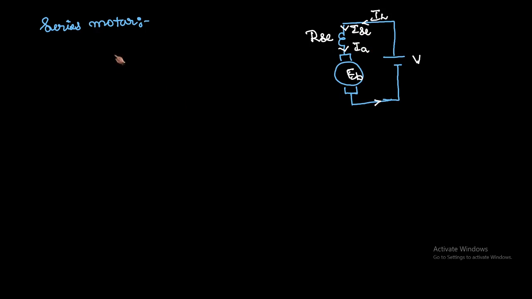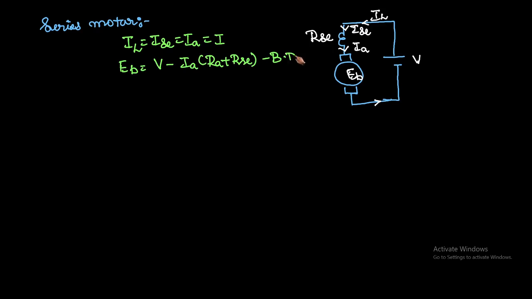In the series motor, the first observation is that the line current, the series field current and the armature current are all equal, let us say I, because all are connected in series. So line current equals series field current equals armature current, equal to I here. Next, write the equation of the back EMF: EB equals V minus IA into RA plus RSE minus brush drop.